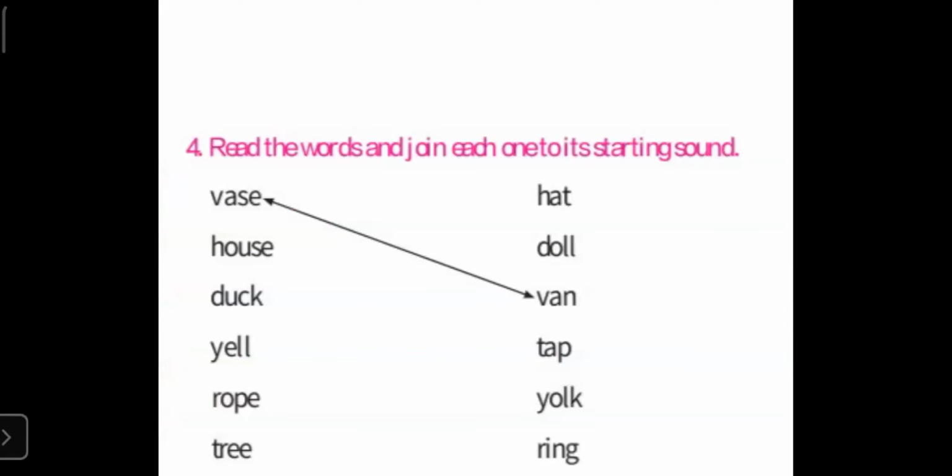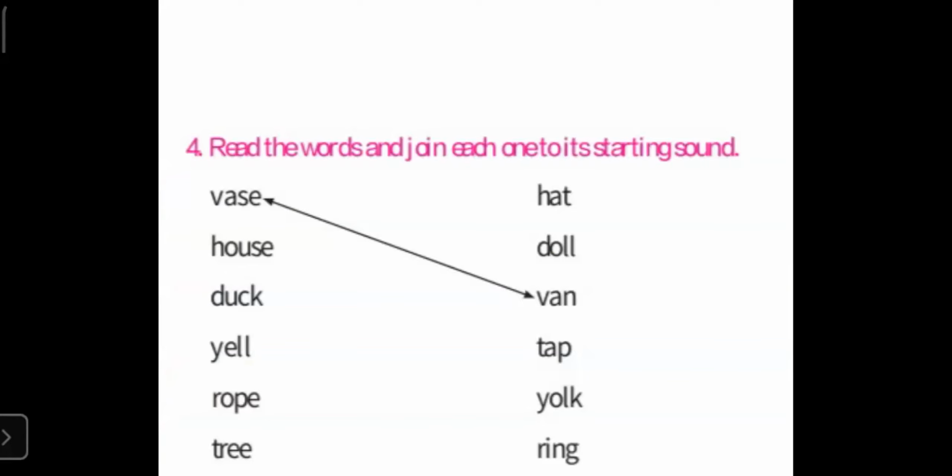Students, the next exercise is we have to match the words beginning with the same sound. The first one is already done for us. Let's see what it is. Read the words and join to its starting sound.